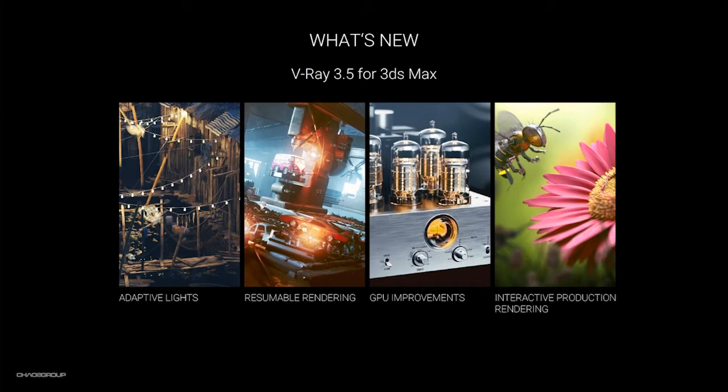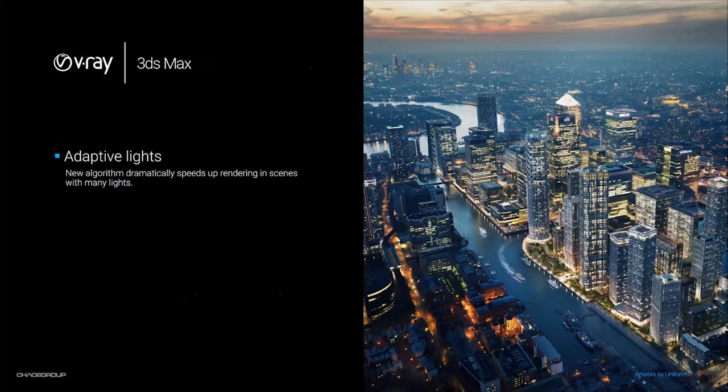There are a few very interesting updates concerning people who render on graphics cards, on GPUs. V-Ray is versatile. V-Ray can be CPU and GPU. It all depends on you. So we'll walk through what's new for the GPU particularly, and a few additional goodies, starting with one of the things that maybe had the most hype around 3.5, the adaptive lights.